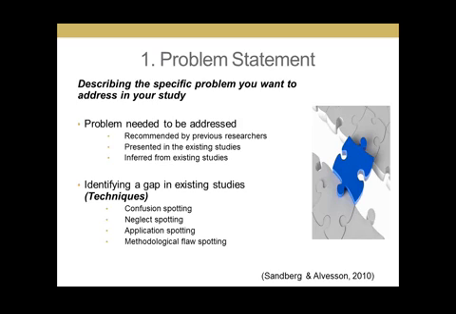So let's start with the problem statement. The problem statement is you are just describing a specific problem that you want to address in your study. How are you going to find out the problem? Based on the existing studies, right? Based on a recommendation of previous researchers concerning the topic that you want to focus on.